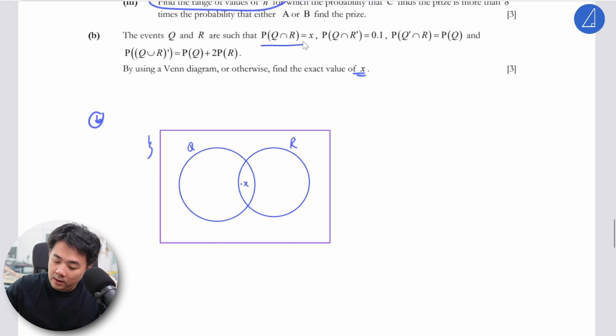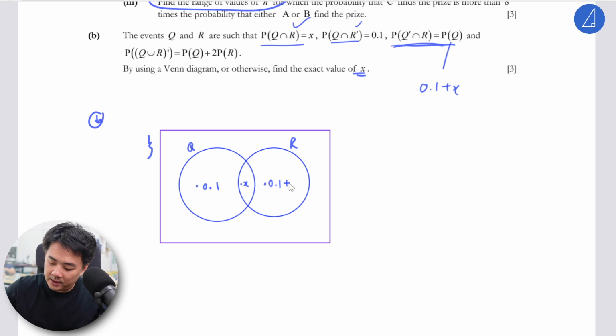Then Q intersect R prime, which is this crescent here, is 0.1, so I'm gonna put this as 0.1. Then Q prime intersect R is equal to PQ. This crescent here equals PQ, which is 0.1 plus x, so I'm gonna put 0.1 plus x here.